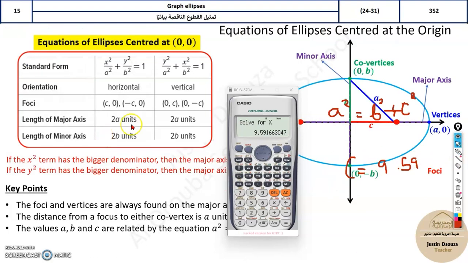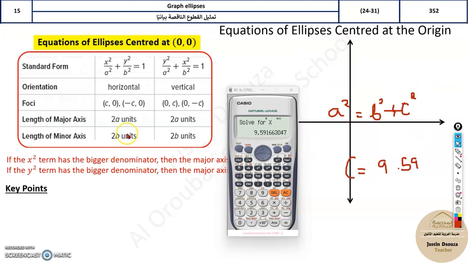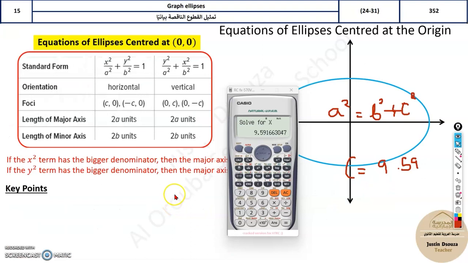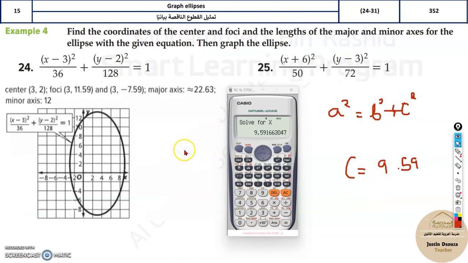But if we go back, see carefully over here when the center is at H and K, the foci is, see now vertical values, the K value is added by the C value and K value is subtracted by the C value, focus points. So what happens over here is, sorry, back over here. Now I got the C value 9.59, isn't it?